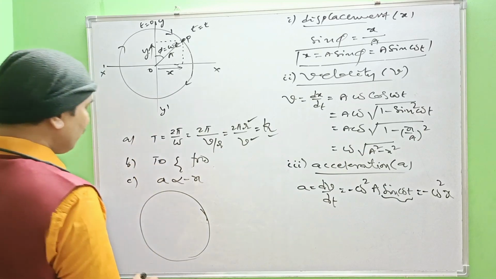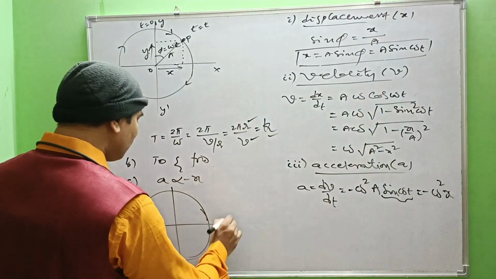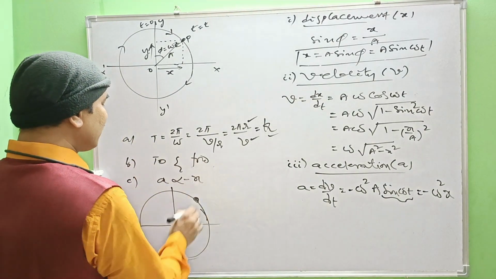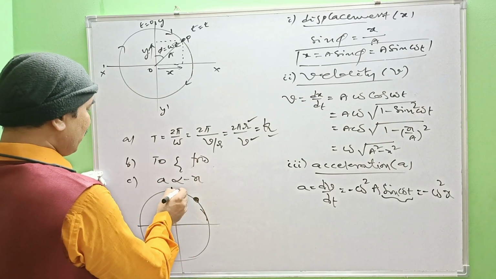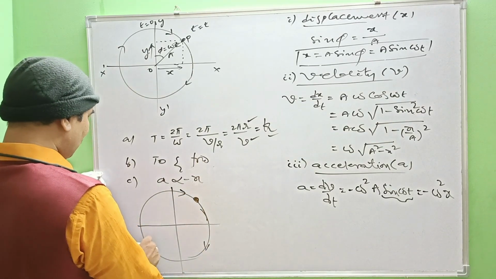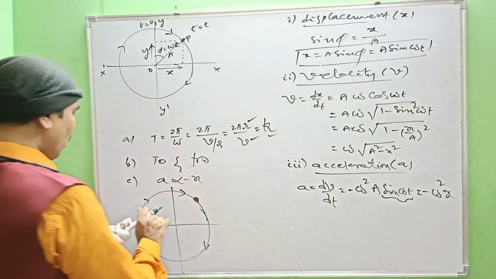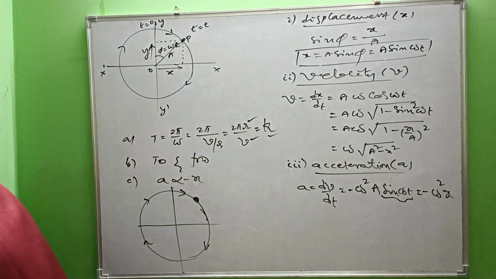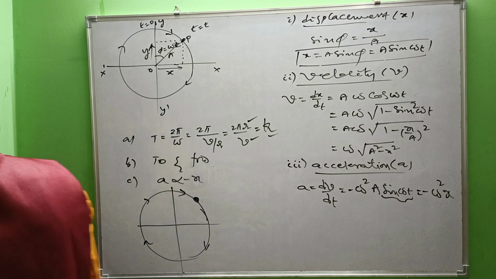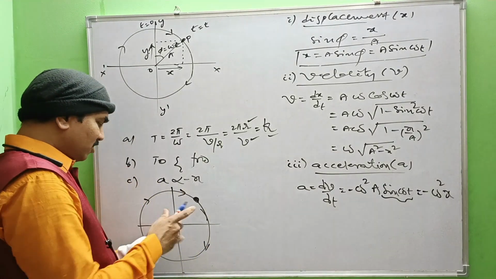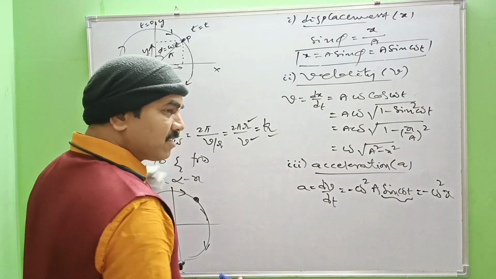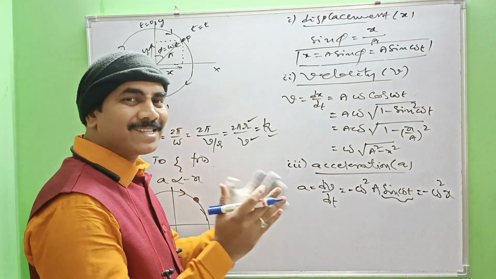Same diagram, with four quadrants. When the particle lies in the first quadrant during its clockwise revolution, it is directed to go around the circle because of some resultant force.